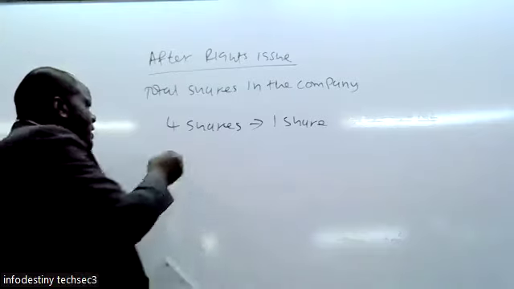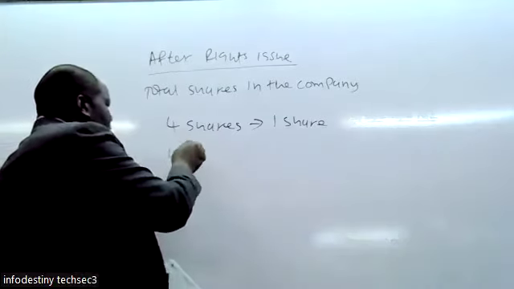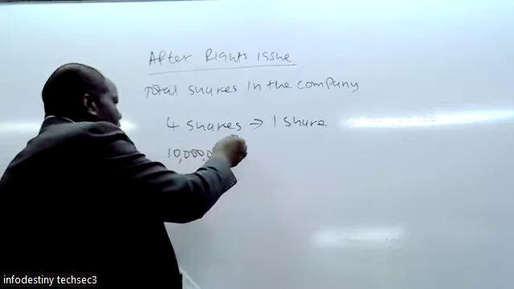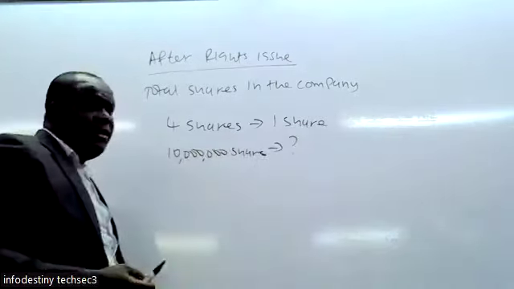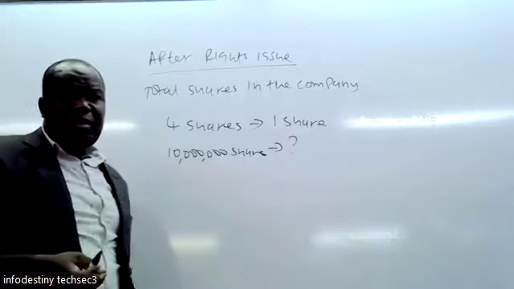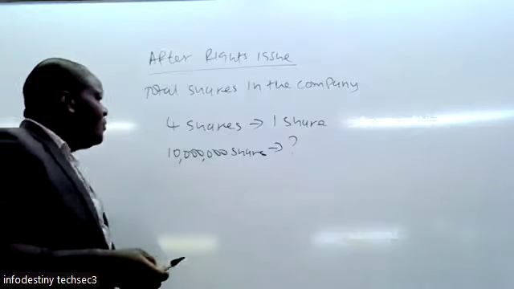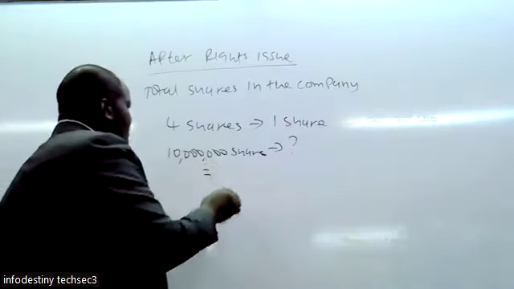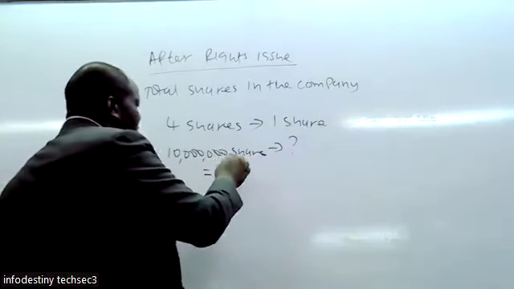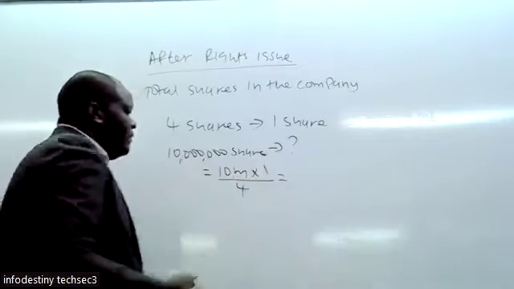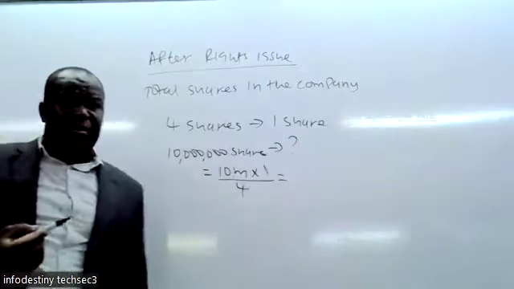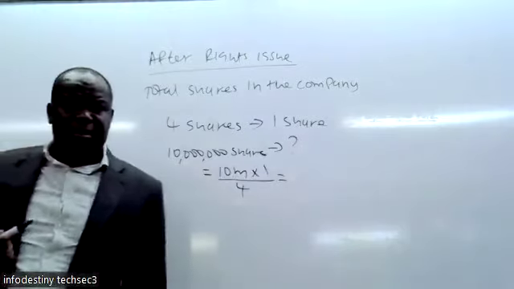So the company had 10 million ordinary shares. So how many new shares did it issue? To get the new shares to be issued, you simply cross multiply. You take 10 million multiplied by 1 divided by 4.